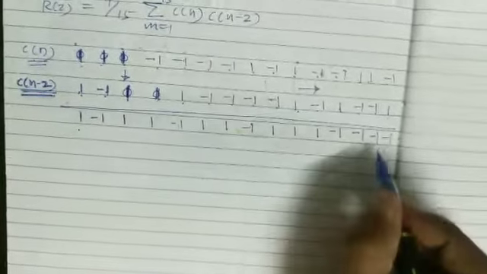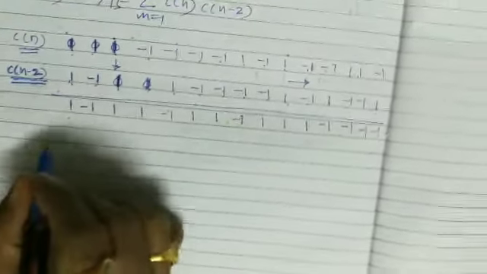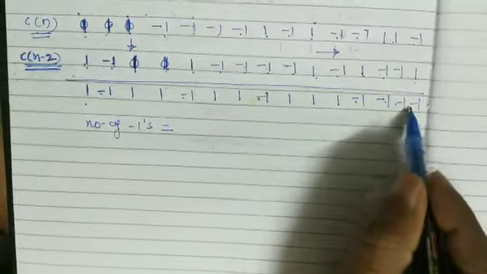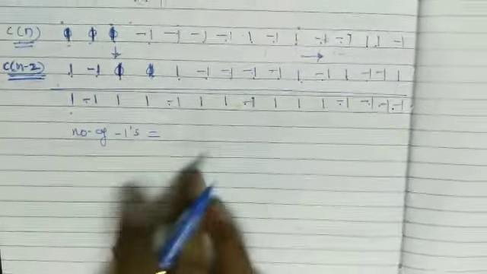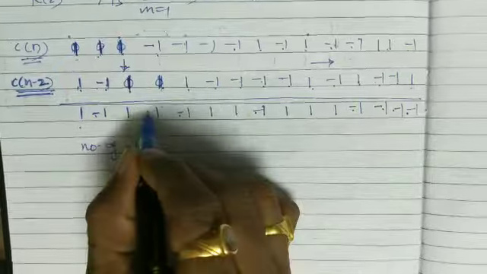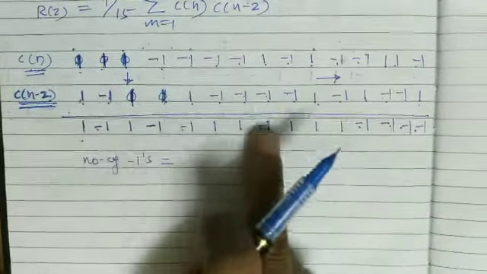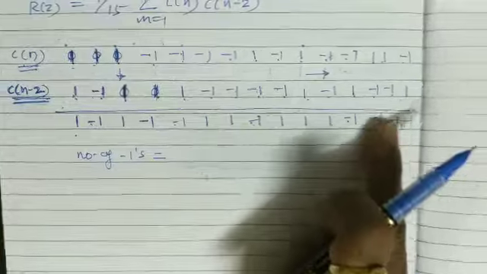Again if we count the number of minus 1 and number of positive ones, the number of minus ones is equal to 1 2 3 4 5 6 7, and here we will get this minus 1, so 1 2 3 4 5 6 7 and 8.